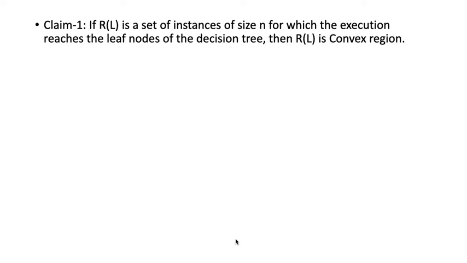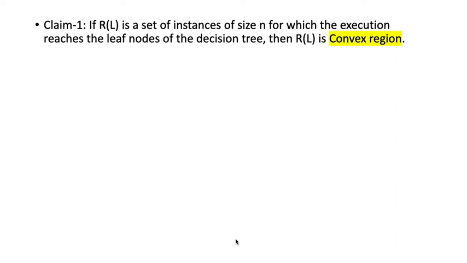So let's have a look at claim 1, which states that if R of L is a set of instances of size n for which the execution reaches the leaf nodes of the decision tree, then R of L is a convex region. Before moving ahead with the proof of this claim, let's first understand certain terminologies used in this claim.